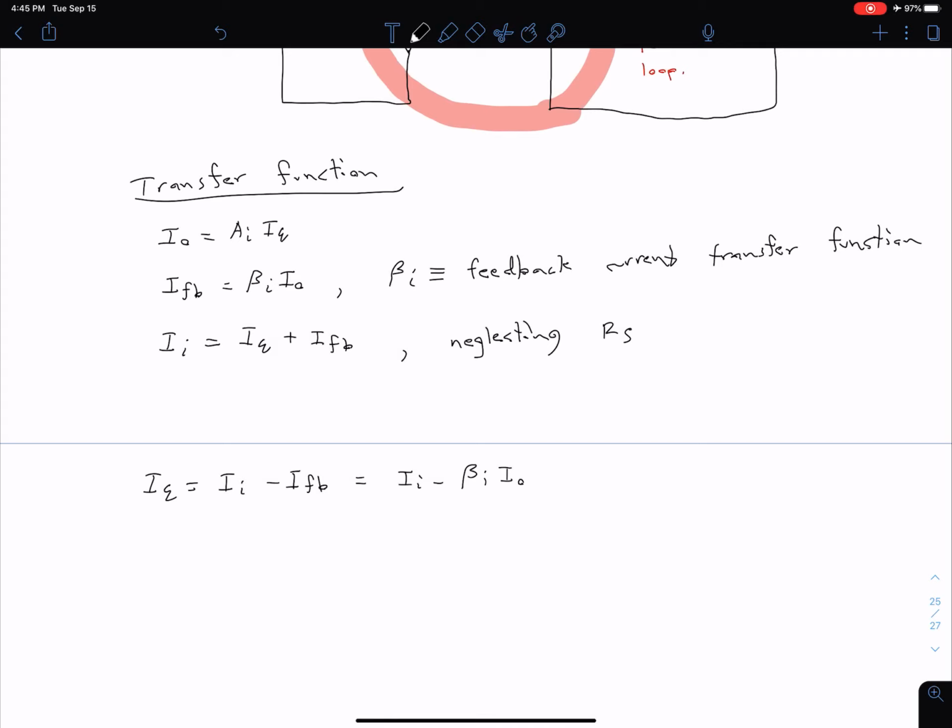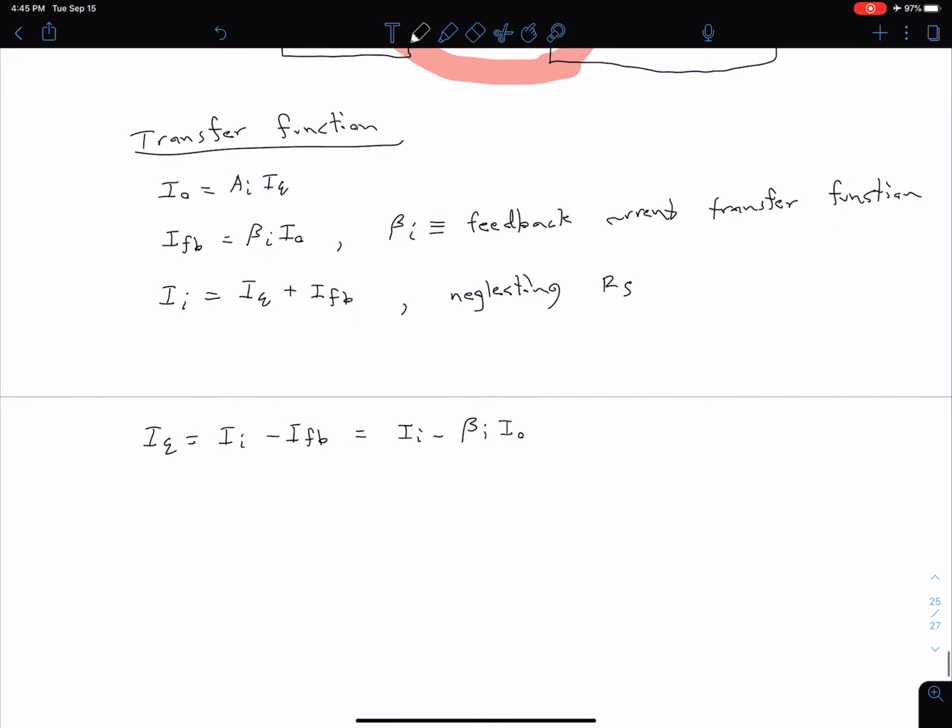If we want a transfer function, of course our goal is to get it in terms of just input and output current. From our very first equation, our output current is equal to A_I times I epsilon, so we substitute all of this in for our error current, I epsilon. So we get I input minus beta_I times I output.